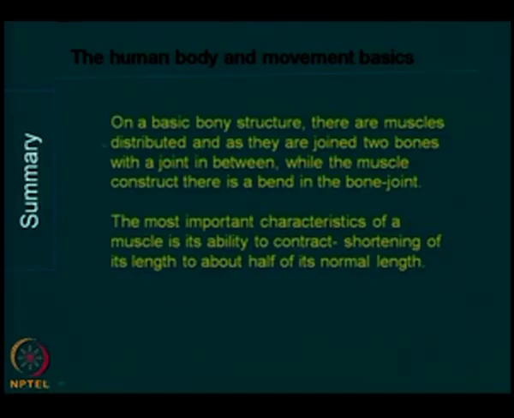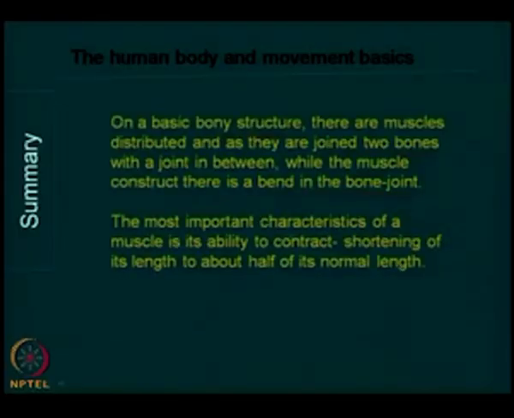Now, on the basis of bony structure, there are muscles distributed, and as they are joined to two bones with a joint in between, while the muscle contracts, there is a bend in the bone joint, and this is the total movement. If all these contractions are coordinated, then a skillful body movement is possible.